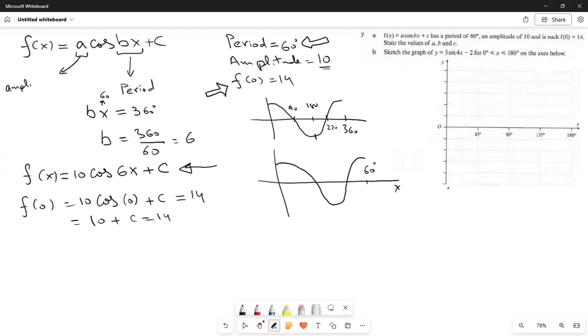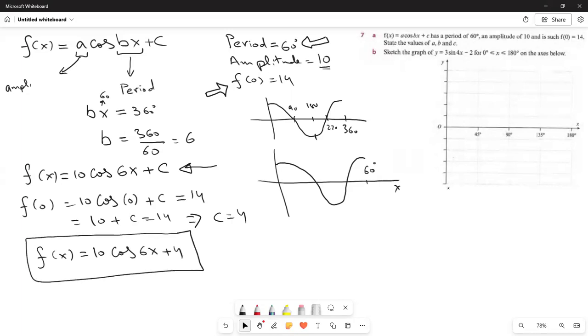And of course, from here, we conclude that c is equal to 4. So my final answer is f of x equals 10 cosine 6x plus 4. This is our final answer. Hope it's clear. Let me do part B now.